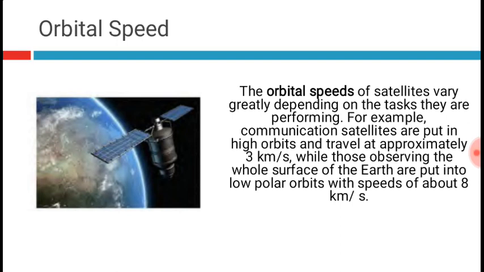The orbital speed of a satellite depends on one very important thing, and it is there in your textbook. As you know, satellites are put into orbits by people for various purposes, for example, mobile communication, monitoring the weather, and monitoring the temperature of the surface of the oceans, and so on.